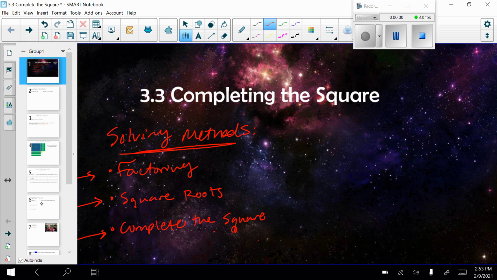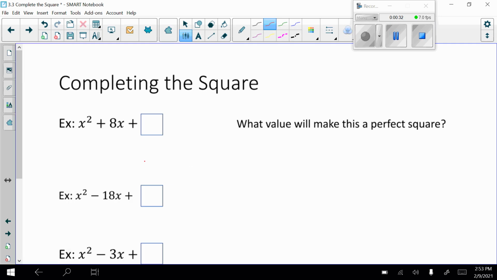So what does it mean to complete the square? Well, first off, we got to talk about what it means to be a perfect square trinomial.